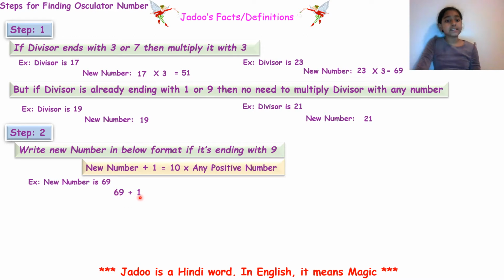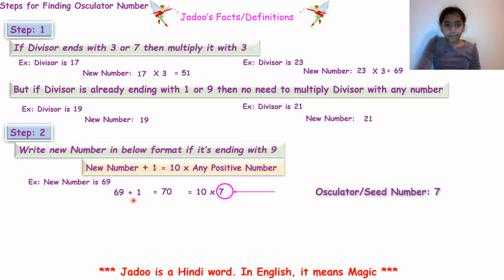Then we can write 69 plus 1 is equal to 70. And then we can write 10 times 7. Both are the same because 10 times 7 is equal to 70. So our 7 is the oscillator or seed number. But because of this plus sign, it's a positive oscillator.